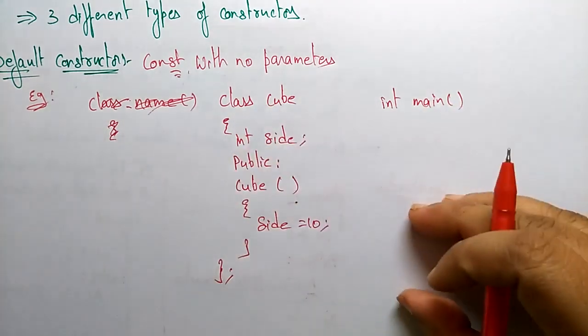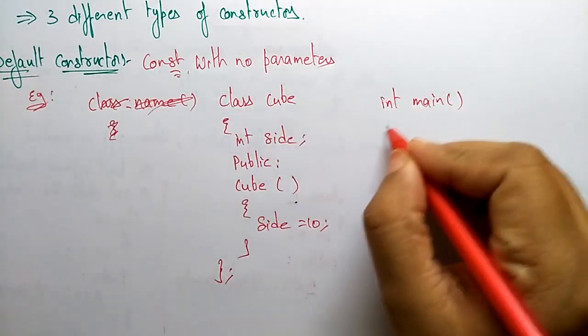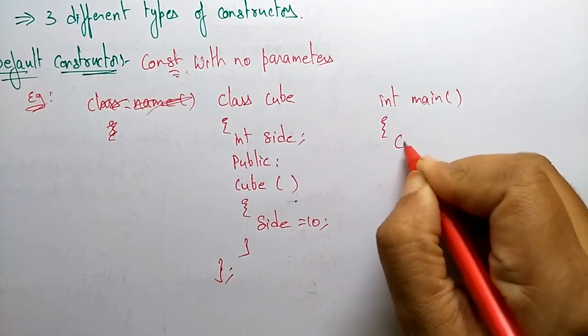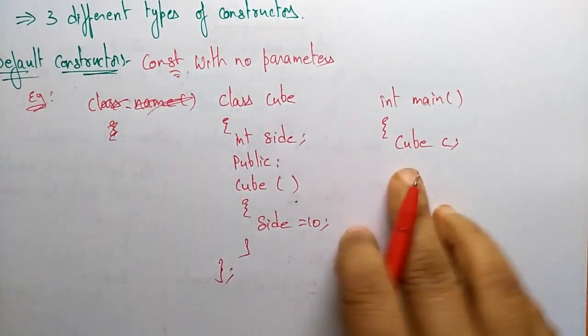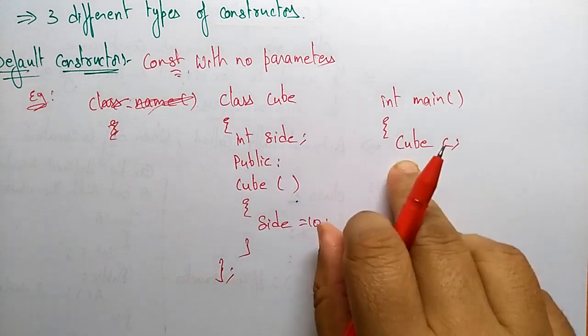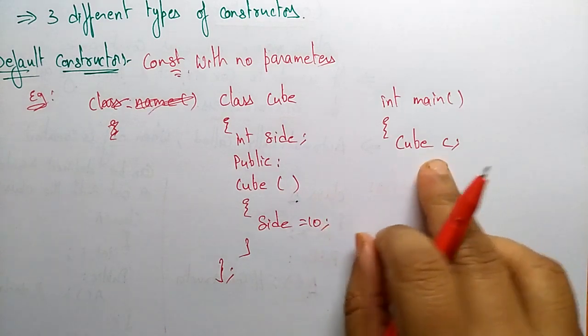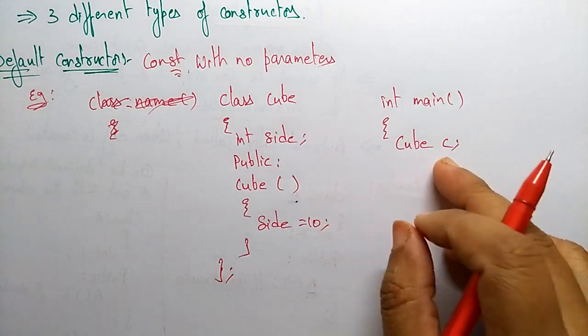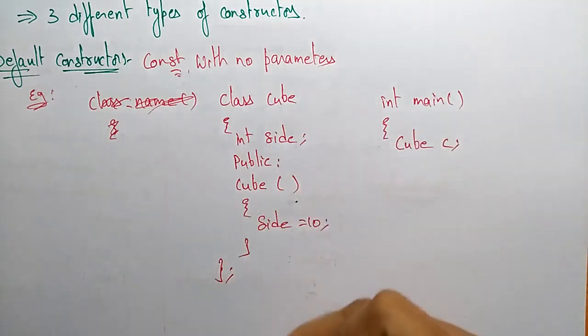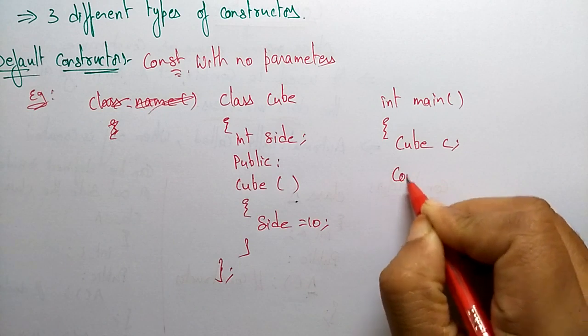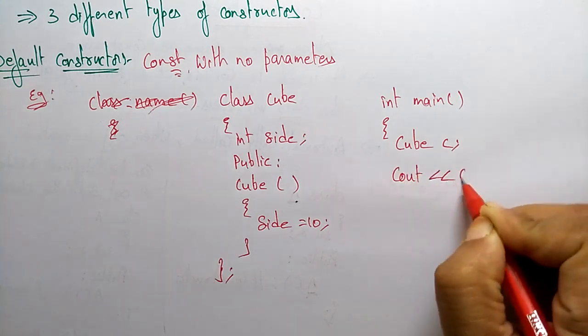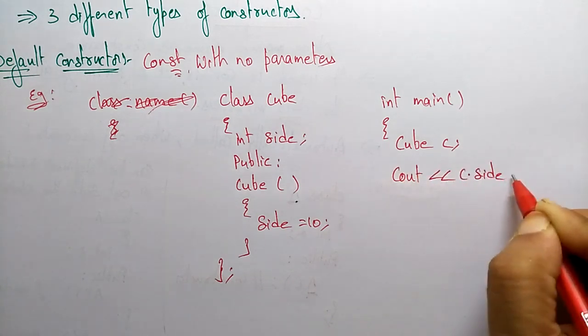First it enters the main program, after that it calls the functions. Here cube C: I declare an object C. Cube is the class name and C is the object. With the help of the object I am calling the constructor. Then cout C dot side.